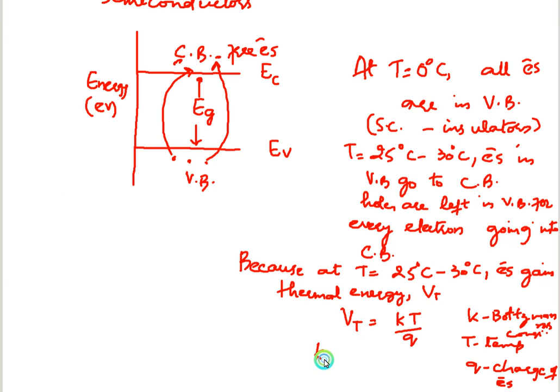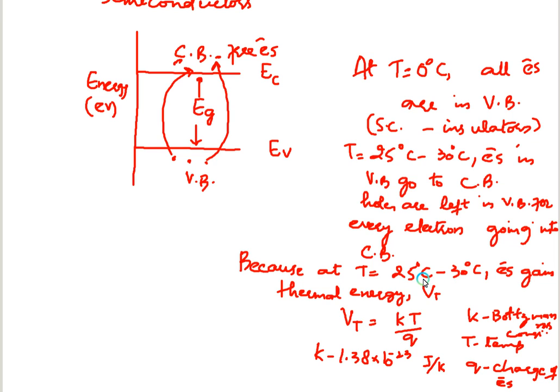So you will remember these constants. 1.38 into 10 to the power of minus 23 joule per Kelvin. q is the electronic charge, and T is the temperature. Temperature is your choice, whether you keep it as 25 or 30.